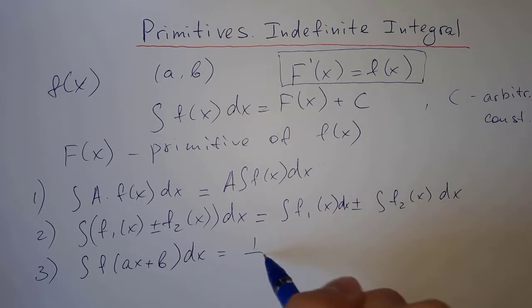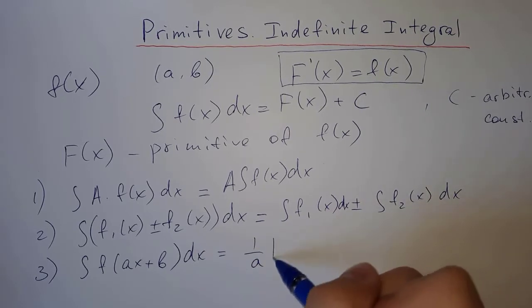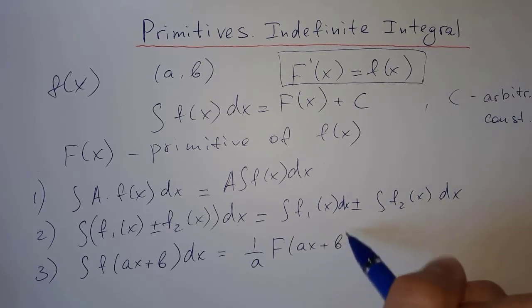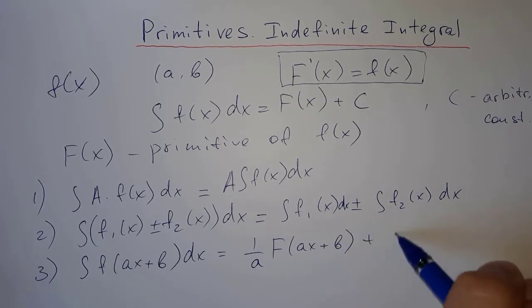So it will be 1 over a, big F, the primitive, of ax plus b, and plus c, of course.